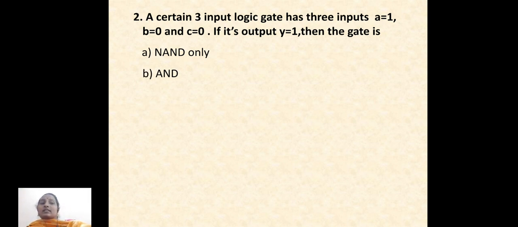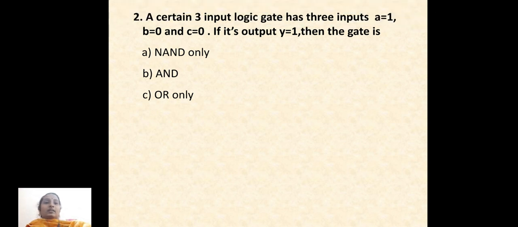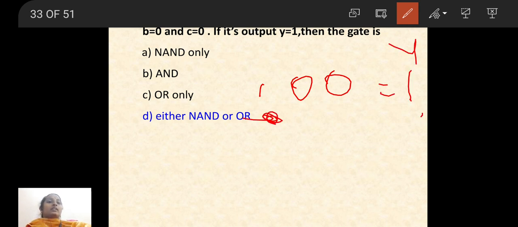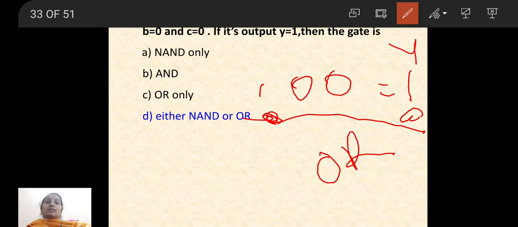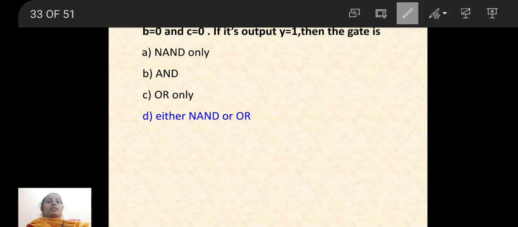So which logic is there here? Any of the inputs is high, the output is 1. So this logic is used for the OR gate, and the same is also used for the NAND gate. So it may be either a NAND gate or an OR gate.